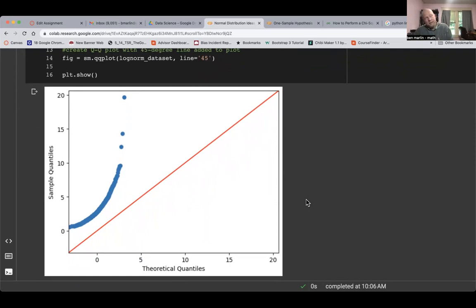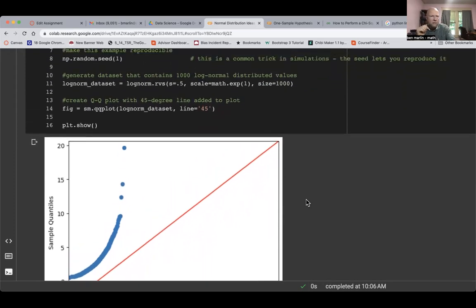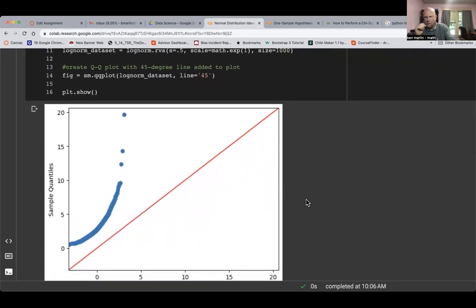Okay. So anyway, here's an example of something where they sampled a distribution that is clearly not normal. Okay. It's referred to as the log normal distribution. So it's related to the normal, but it's the logarithm of it. Okay.